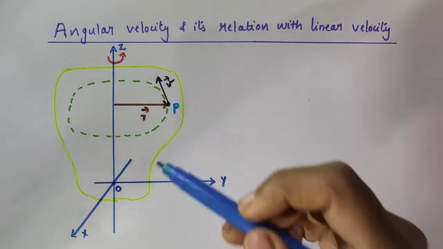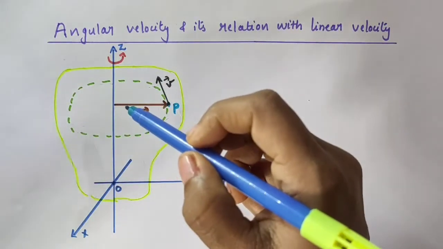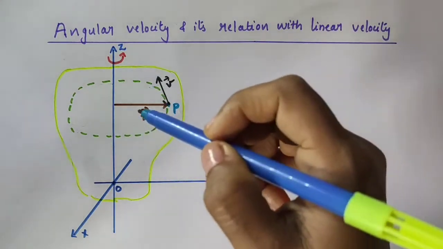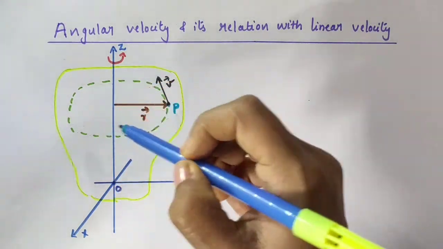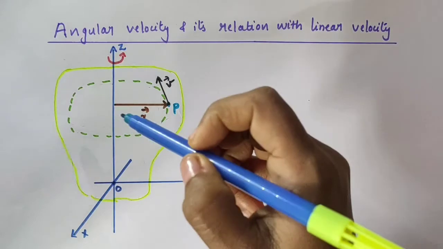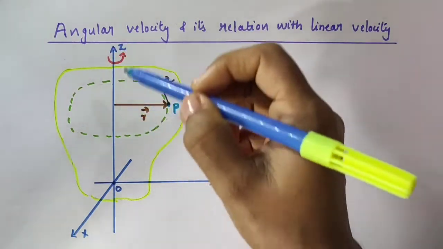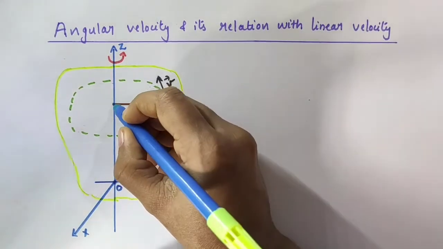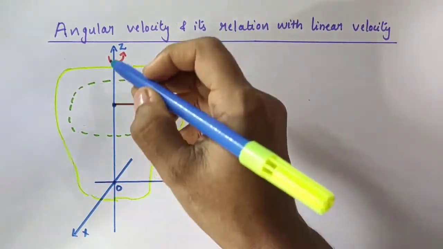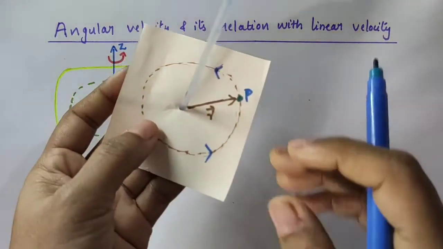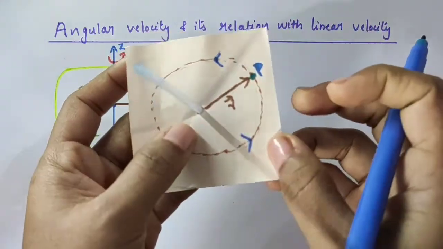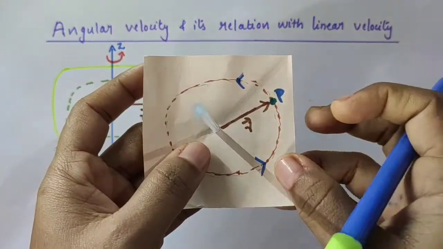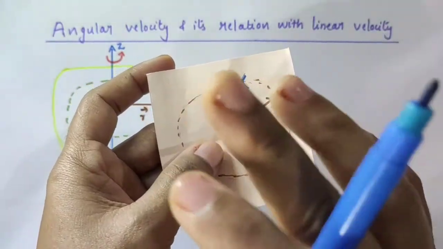We can consider many particles on this rigid body, and when this body rotates, every particle moves in a circle, and that circle lies in a plane perpendicular to the axis of rotation, and the center of the circle will be on the axis. For example, just imagine this as the Z axis.